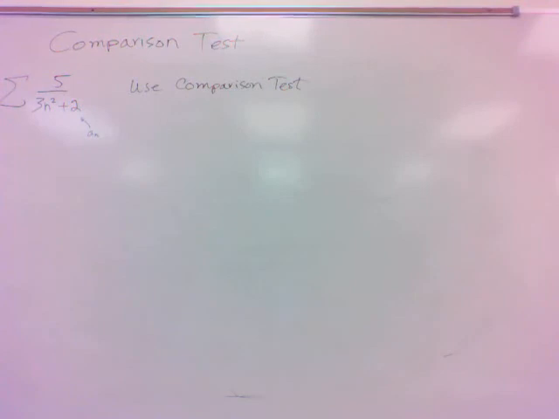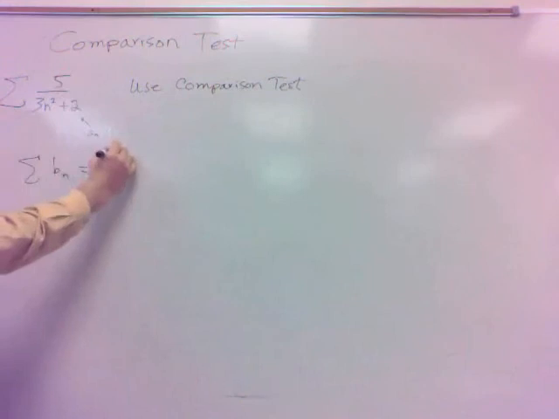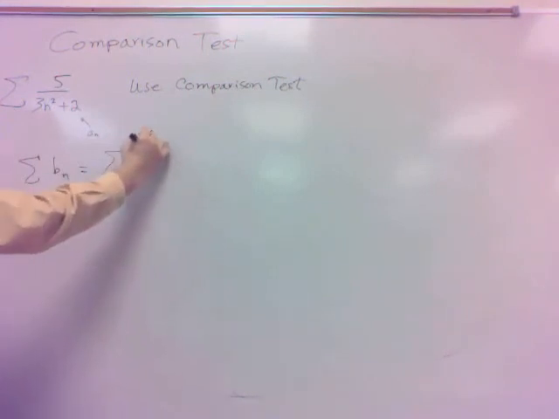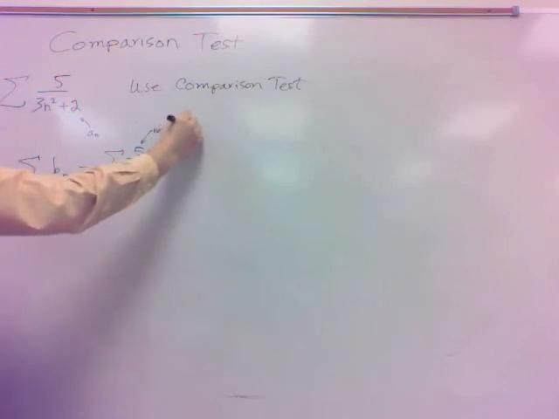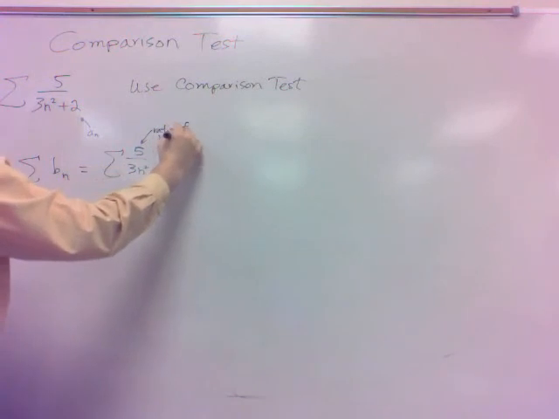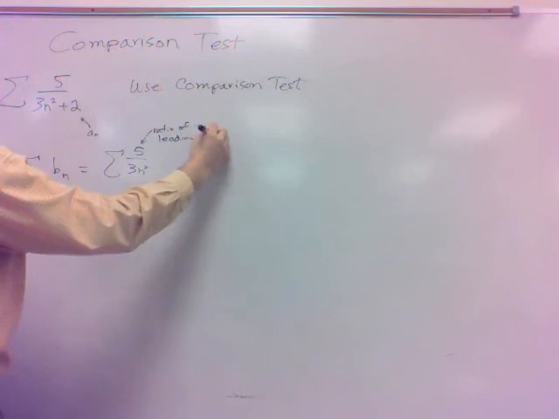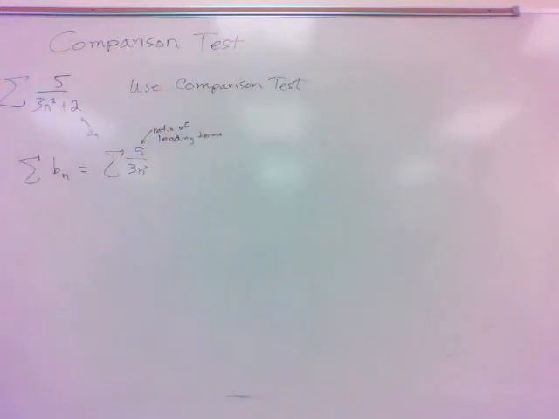Usually, for the B sub n, if we're going to use a comparison test, the B sub n we're going to use is the ratio of the leading terms. So in this case, 5 over 3n squared. That's going to be our comparison series. Okay, you with me? Just the ratio of the leading terms.